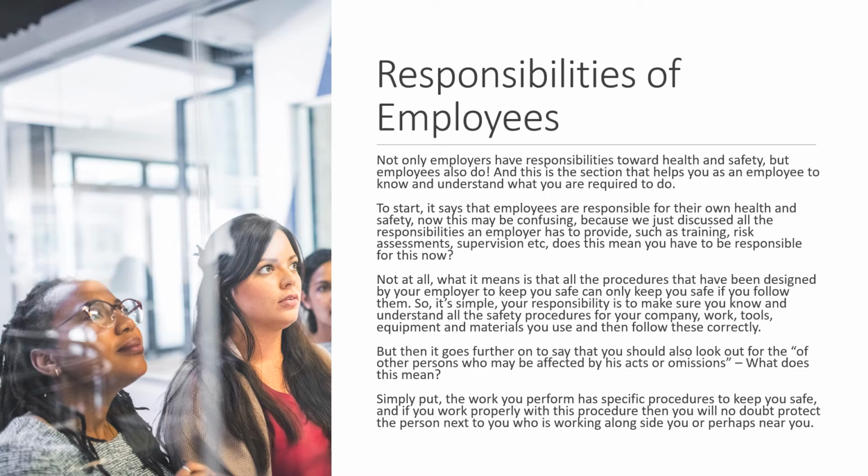Because we just discussed in Section 8 that the responsibilities are on the employer to provide a safe working environment, to provide training, risk assessment, supervision. Does this mean that you now have to be responsible for all of this?